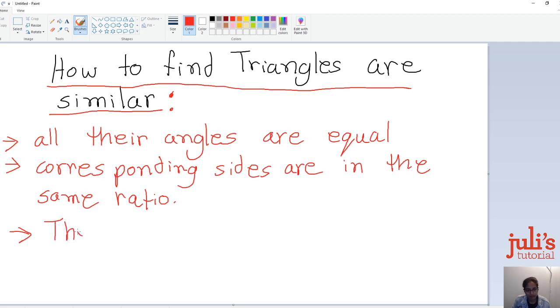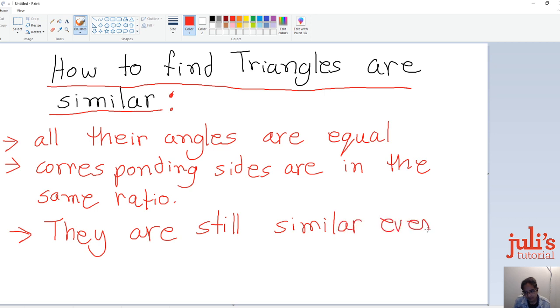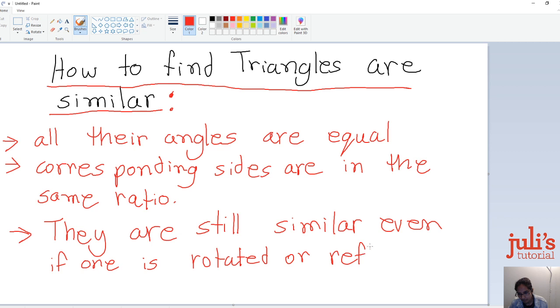They are still similar even if one is rotated, or reflected as a mirror image. Okay, it stays the same. They still become similar.